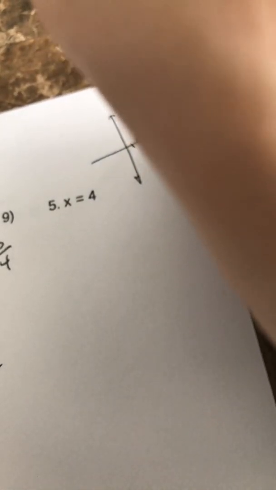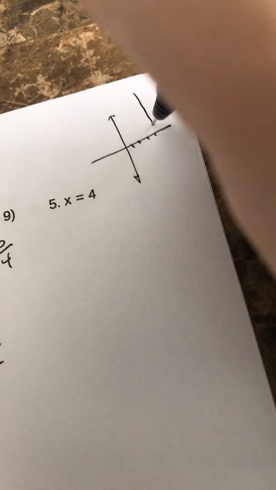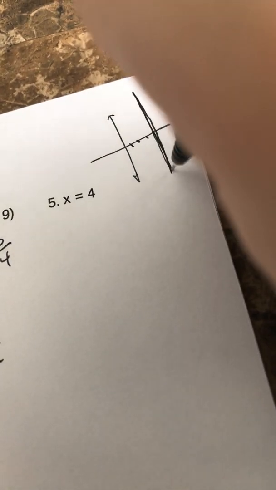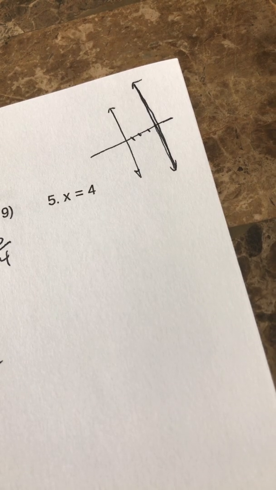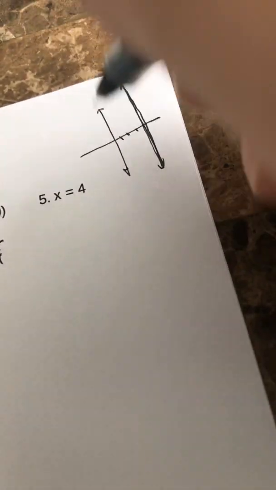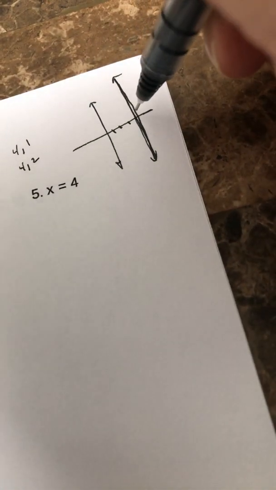Now 5 is a vertical line. This one has a line where all the x values are at 4. So if I just kind of sketch the graph up here, there's what your graph would look like for 5. So if I just picked 2 points, I'm going to say 4, 1 and 4, 2. We have those 2 points on this line.